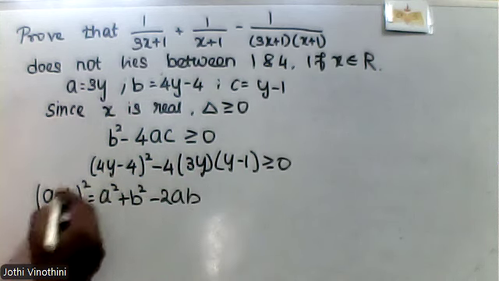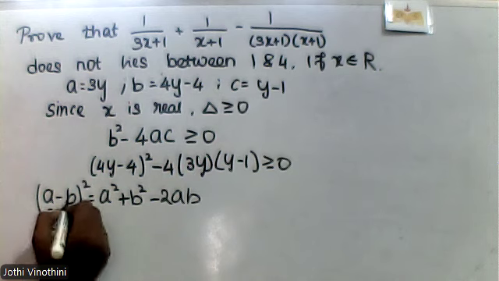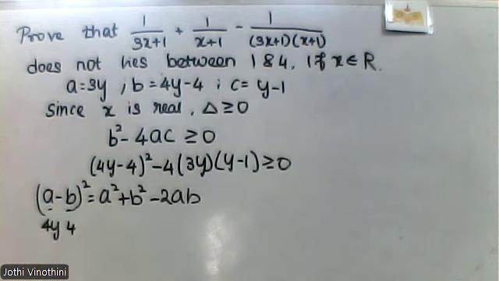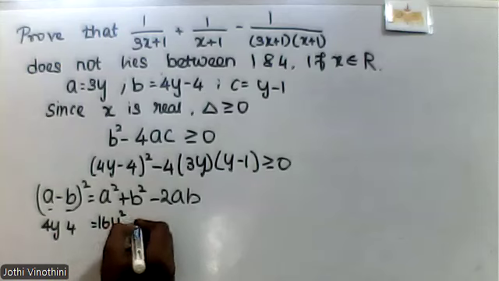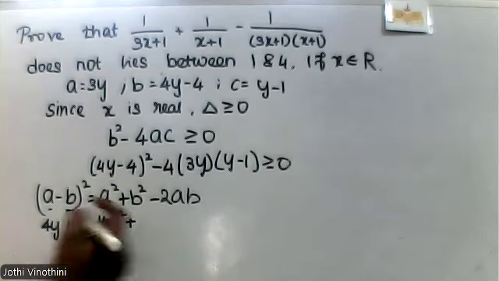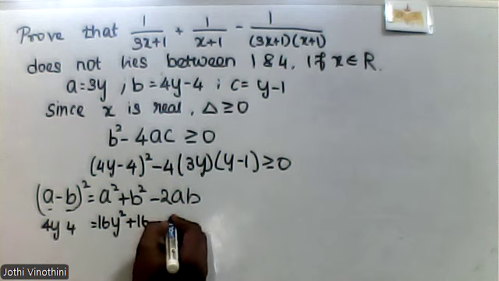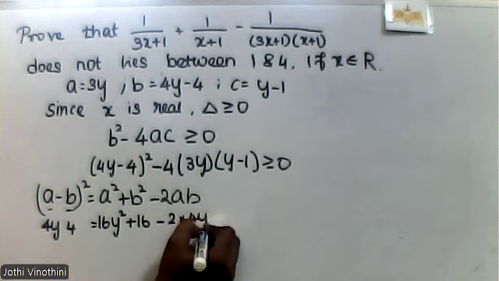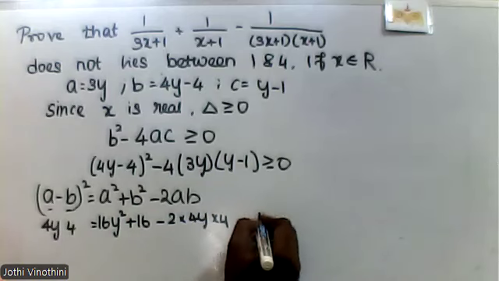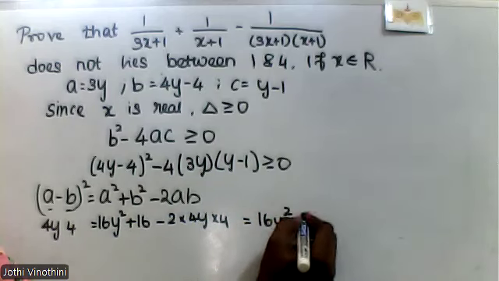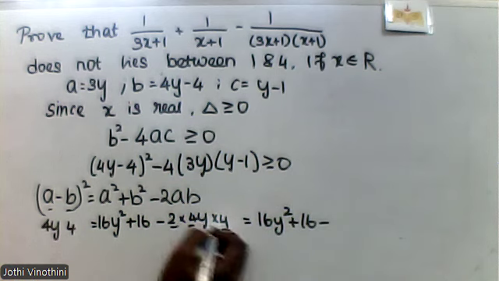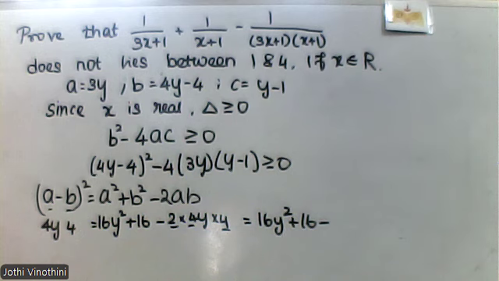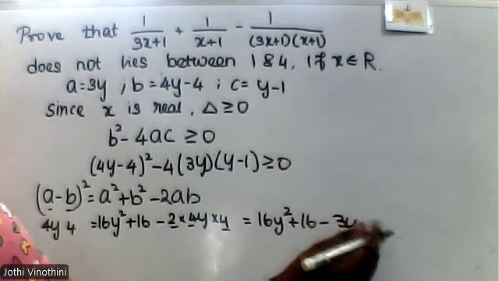So in place of a, I have 4y. In place of b, I have 4. What is a squared? 4y the whole square. 4 squared is 16, y squared is y squared. Plus, what is 4 squared? 16. Minus 2 multiplied by 4y multiplied by 4, which is 16y squared plus 16 minus, 4 4s are 16, 16 2s are 32, so 32y.